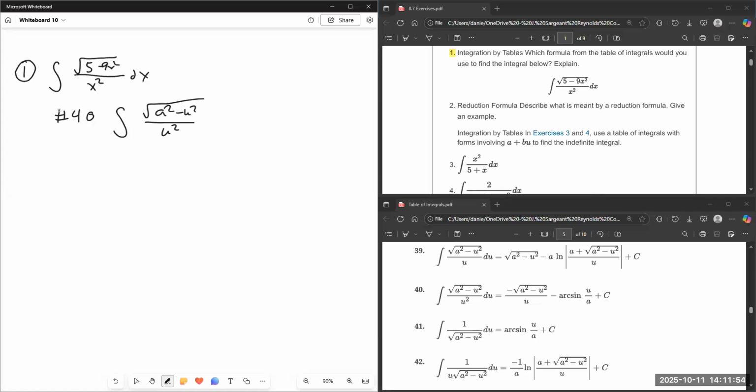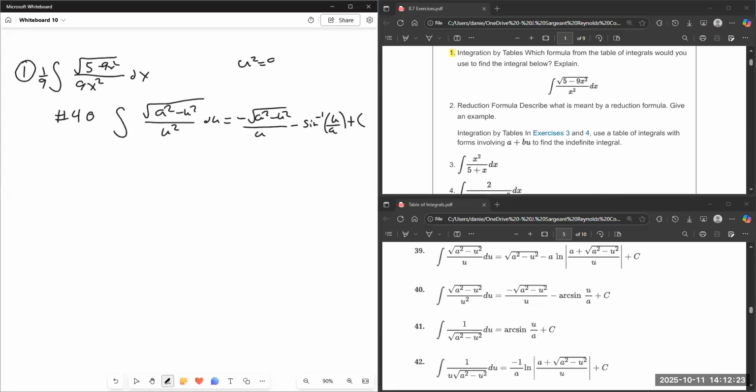So we're going to use number 40, which says that the integral of root a squared minus u squared over u squared du is equal to negative root a squared minus u squared over u minus arc sine of u over a plus c. And we would just need to do a little fix here to make this 1/9 and 9, so that this 9x squared matches this 9x squared down here.